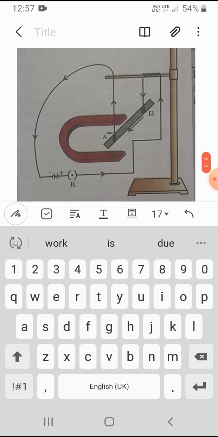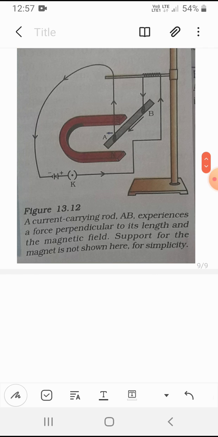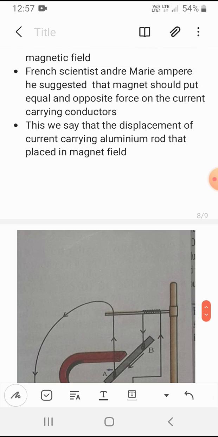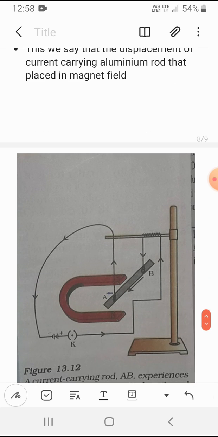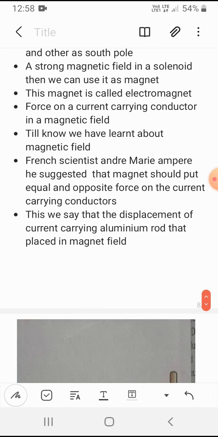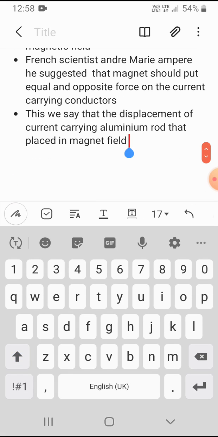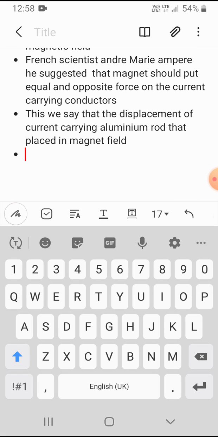See here, this is a horseshoe magnet, not a bar magnet. Near that they placed this aluminum rod.